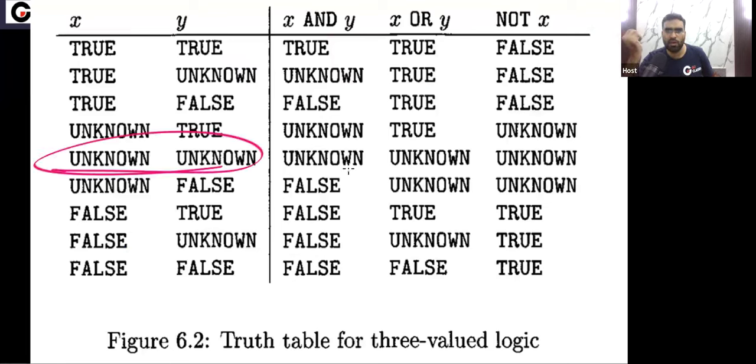If the condition evaluates to true, then that row will be selected. If the condition becomes false or unknown, then that tuple will be discarded. Is this clear? Very simple point, the where clause will return a row whose result is true. But if the result is unknown or false, then that row will be discarded.